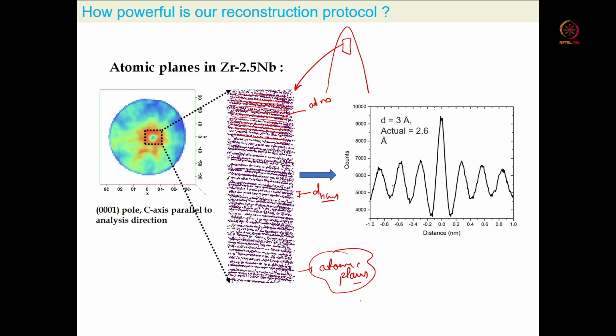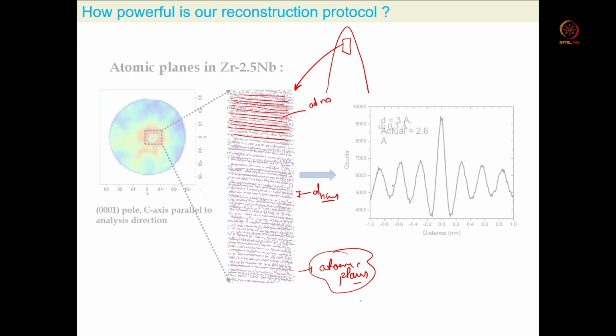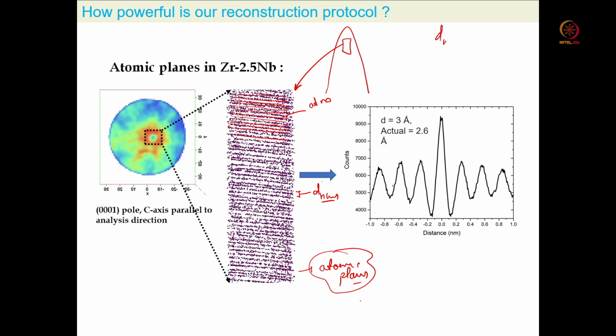Remember that this particular d_hkl is larger than the penetration depth of the electric field, which is around some picometers. This is much less than the d spacing of that crystallographic plane, correct.